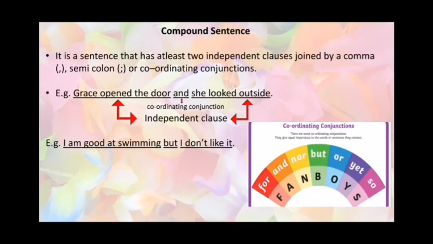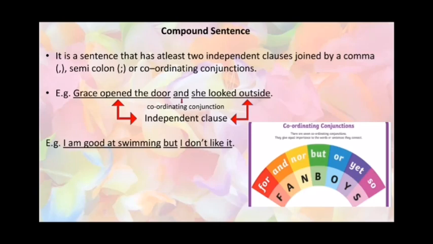It is standing on its own. As well as she looked outside also means everything. So that is why both the first and the second part are independent clauses. And here we do not have a comma or a semicolon joining the sentence. We have a coordinating conjunction, that is and.